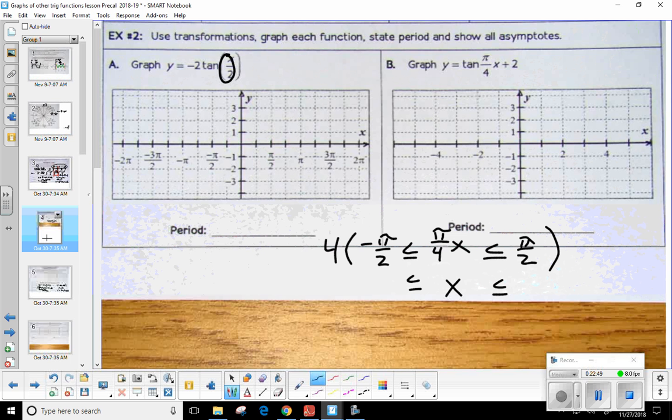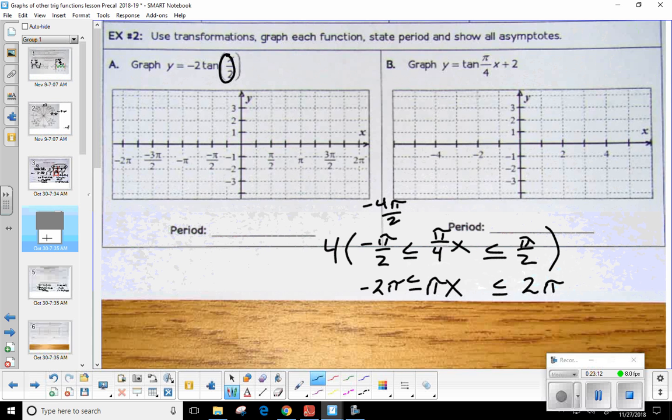So if I multiply here, this would be negative 4 pi over 2, which would be negative 2 pi. Now, what's 4 times pi over 4? Yeah, the 4's would cancel, and I still have pi x is less than or equal to 4 pi over 2, which again gives me 2 pi. Now, we're getting closer.